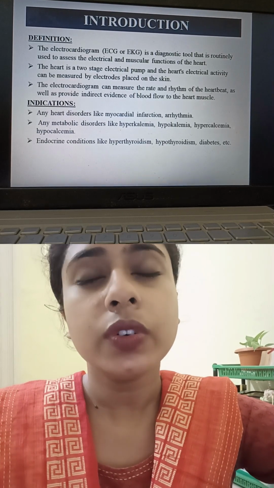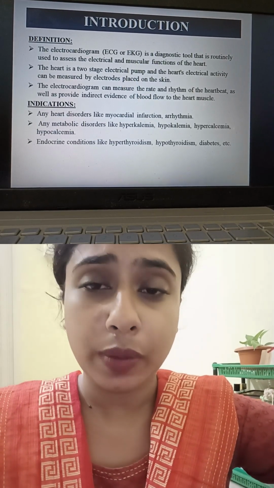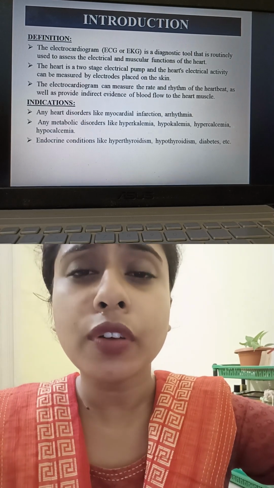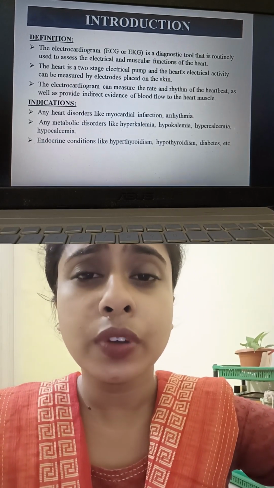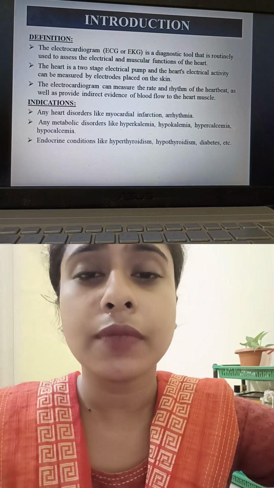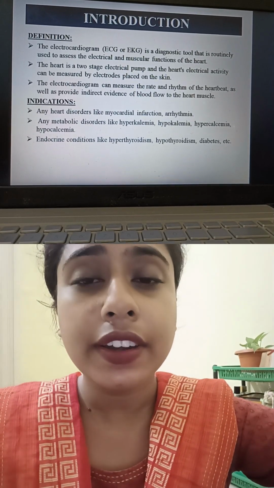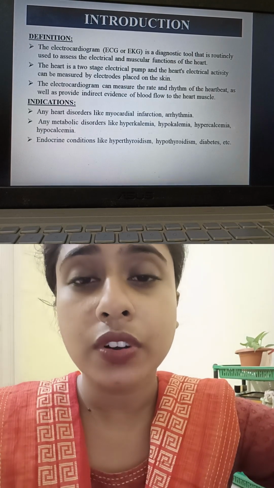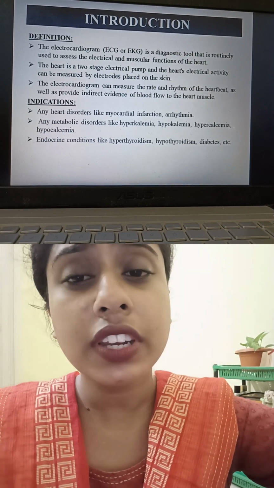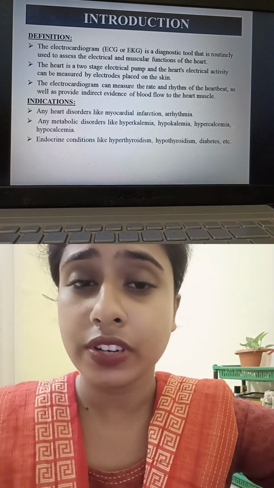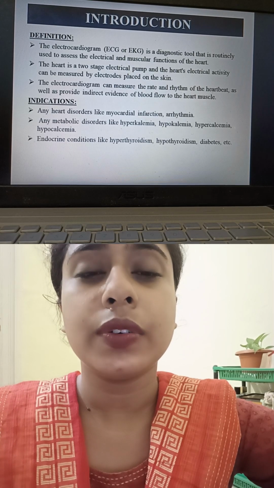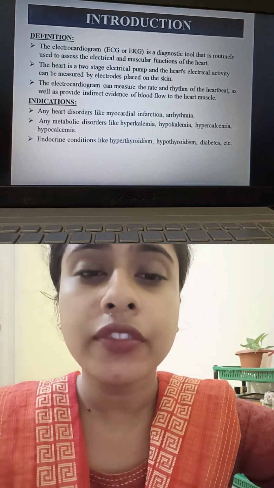Now if we are talking about indications, ECG is performed in persons who have heart conditions like myocardial infarction, arrhythmia, metabolic disorders like hypokalemia, and endocrine conditions like hyperthyroidism, and most firstly in patients who have diabetes.